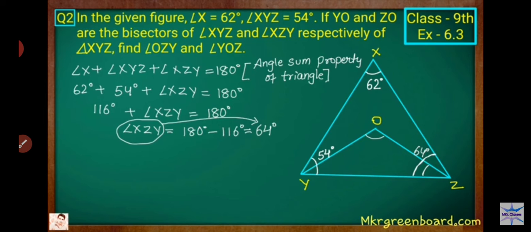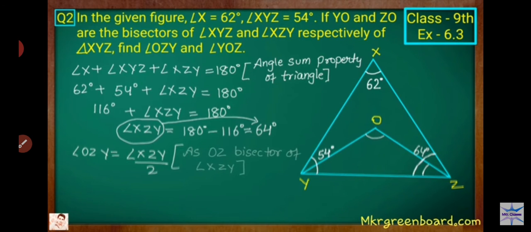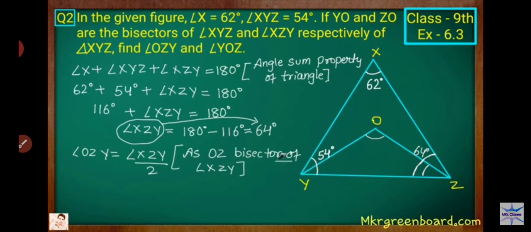If these are bisectors, angle OZY is equal to angle XZY divided by 2, because they are bisectors. So 64 divided by 2. Understand? 64 divided by 2, because OZ is the bisector of angle XZY.